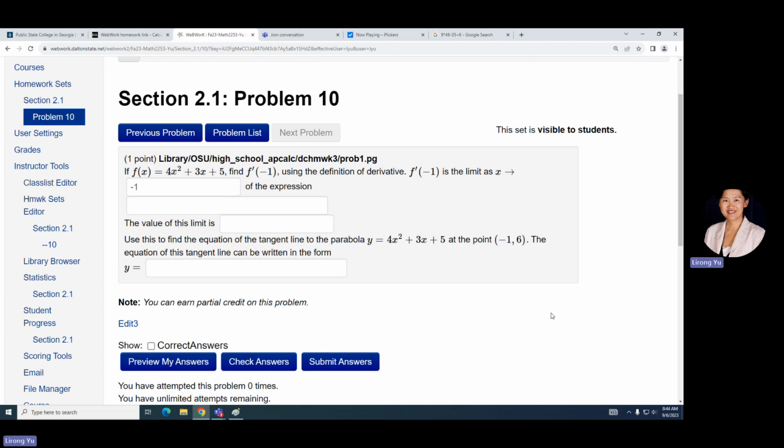That brings up another way to define the derivative. Many textbooks don't write it the way we write it. They have it this way: f prime of a is the limit as x approaches a of f of x minus f of a, over x minus a.